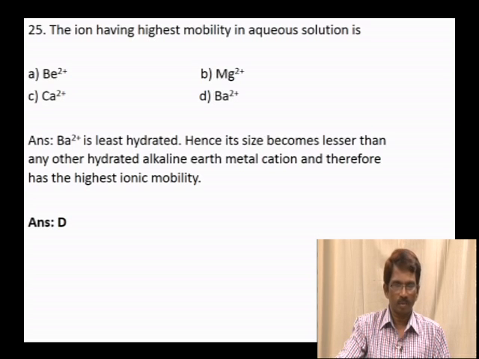Barium at the bottom of the group is least hydrated, and therefore its hydrated size becomes smaller than any other alkaline earth metal ion. Obviously that will have the highest ionic mobility, and hence the correct option is option D, that is Ba2+.